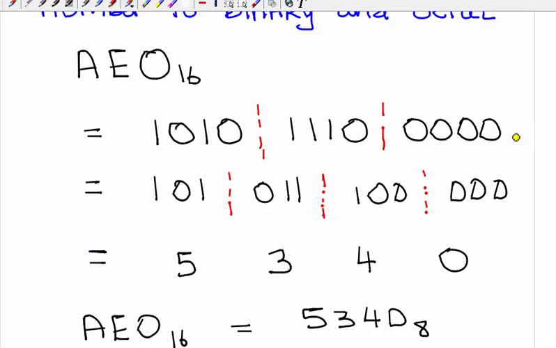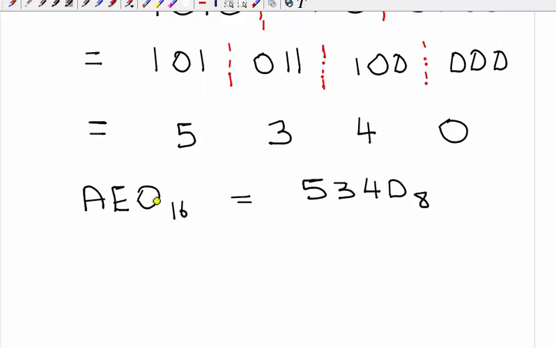We reorganize them into groups of 3, starting from the right hand side: 000, 100, 011, and 101. Reading them, 101 is 5, 011 gives us 3, 110 gives us 4, and 000 gives us 0. So AE0 to the base 16 should equal 5340 to the base 8.